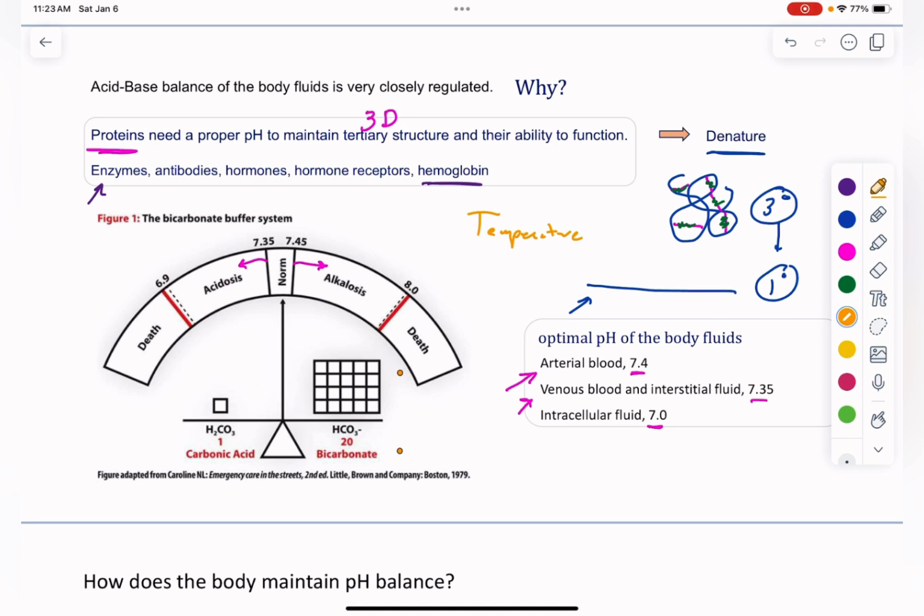Body temperature. We maintain tight limits over that, and if the body starts to get too hot or too cold, then again those proteins can start to denature. That's why high fevers can be really deadly, because the proteins start to denature and the body starts to shut down.